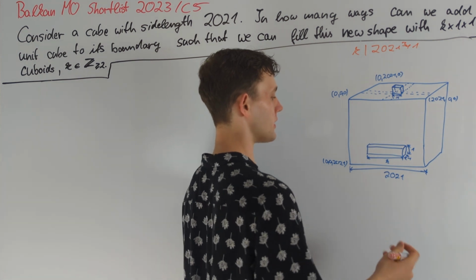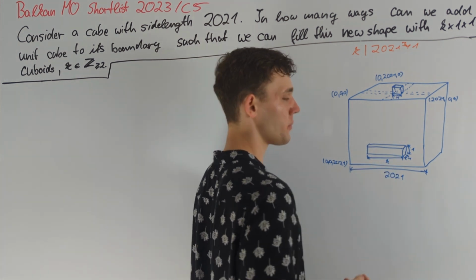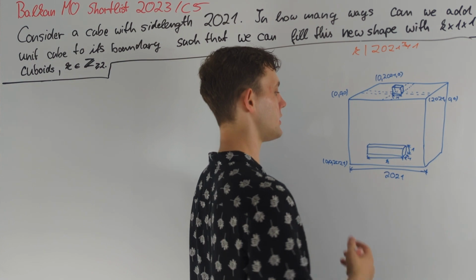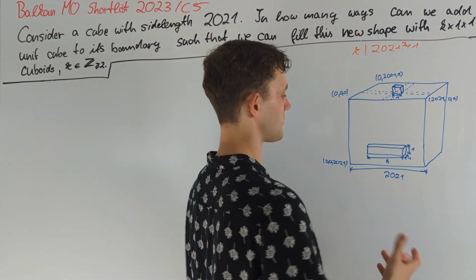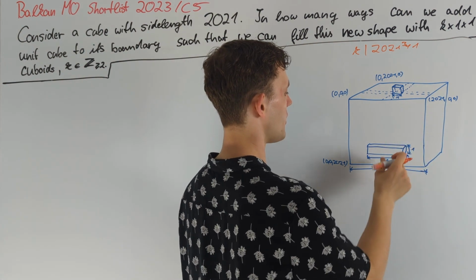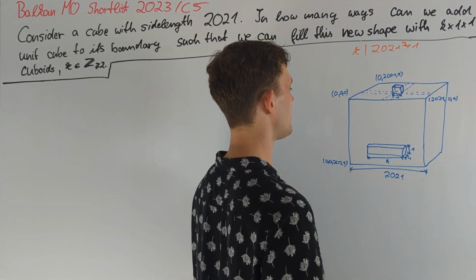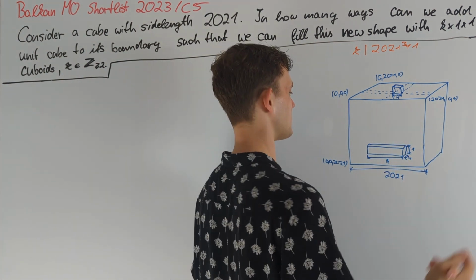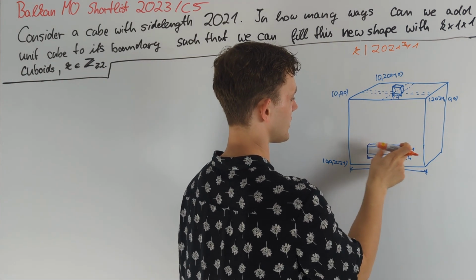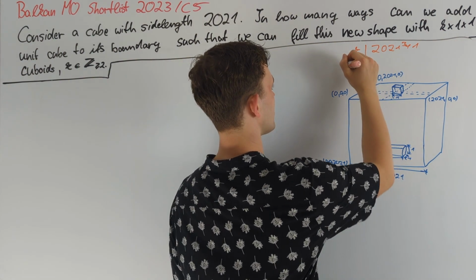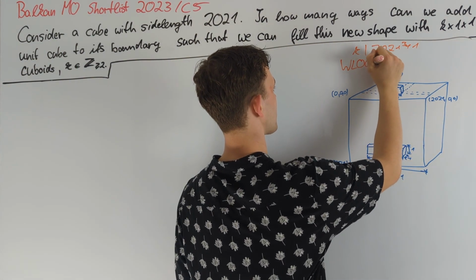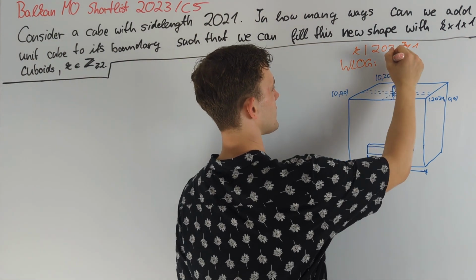Moreover, we see that if a tiling is possible for k, then it is also possible for any divisor of k greater than or equal to 2. Because, for example, if we cover this with 4 times 1 times 1 cuboids, then we could do the same with 2 times 1 times 1 cuboids, because such a cuboid can be split into two smaller ones. And therefore, without loss of generality, we can from now on assume that k is prime.